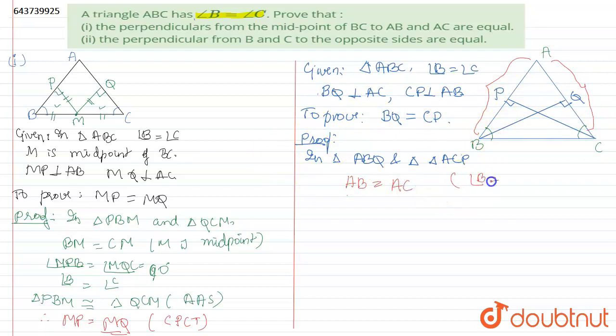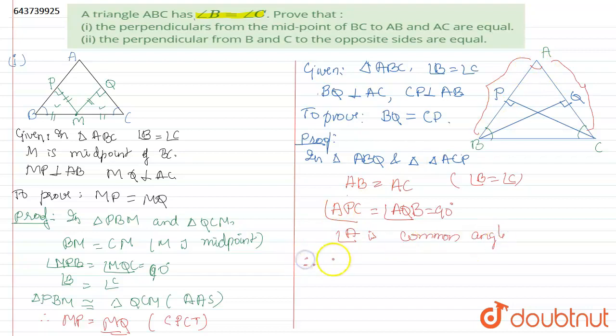And also it is given this angle is 90 degrees here. So angle APC is equal to angle AQB. It is 90 degrees, given. Since BQ and CP are perpendicular, these two angles are equal to 90 degrees. And also here angle A is the common angle.